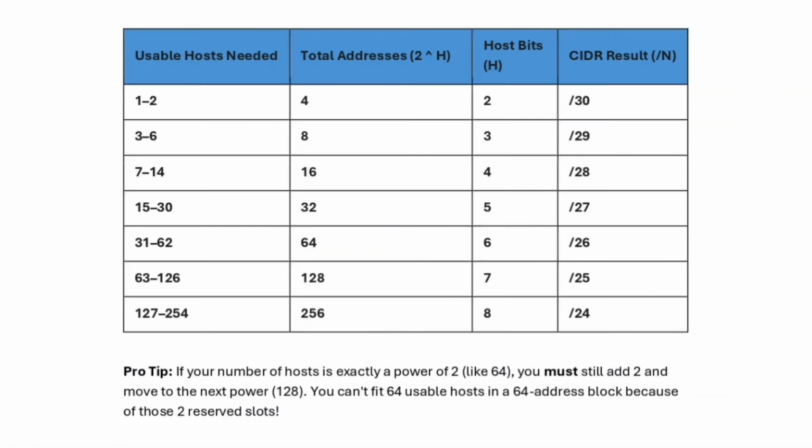So here is the table that shows how to calculate that. It has usable hosts needed, total addresses, host bits, and CIDR result. If usable hosts needed are from 1 to 2, 3 to 6, 7 to 14, and so on until 127 to 254, we take the total addresses 2 power h, that is 4, 8, 16, 32, 64, 128, 256.